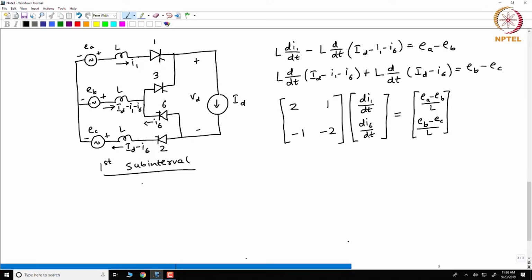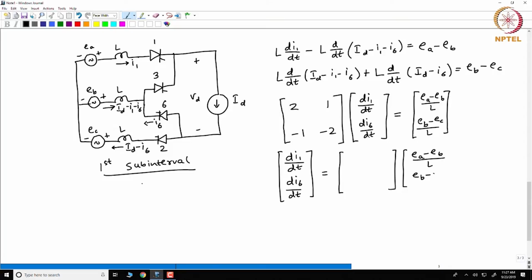To get it in the standard form, pre-multiply both sides of the equation by the inverse of this square matrix containing elements 2, 1, minus 1, 2. So the standard form is di1 by dt, di6 by dt equal to what?